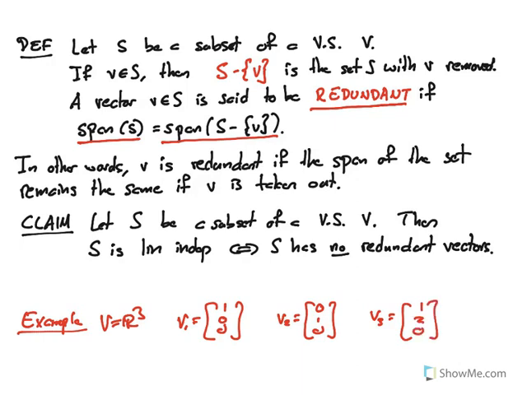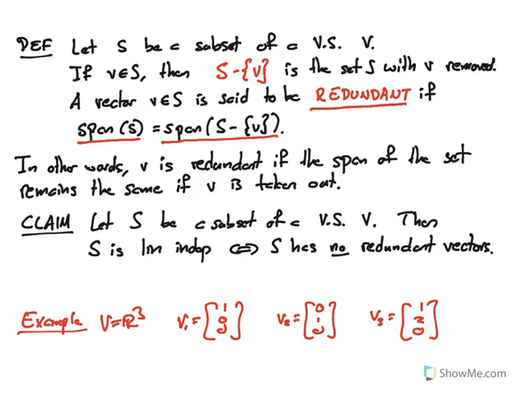These three vectors all lie in the xy plane, in the x1, x2 plane, I suppose. And I can pull out any of them. Any of these vectors are redundant because V3 I can write as a linear combination of V1 and V2. So if I eliminate V3, the span does not change. The span will remain the x1, x2 plane.